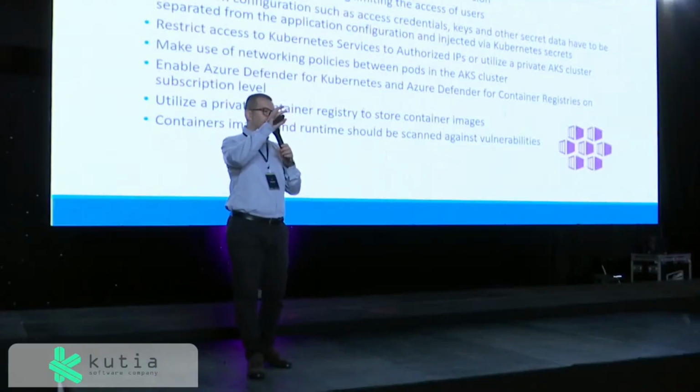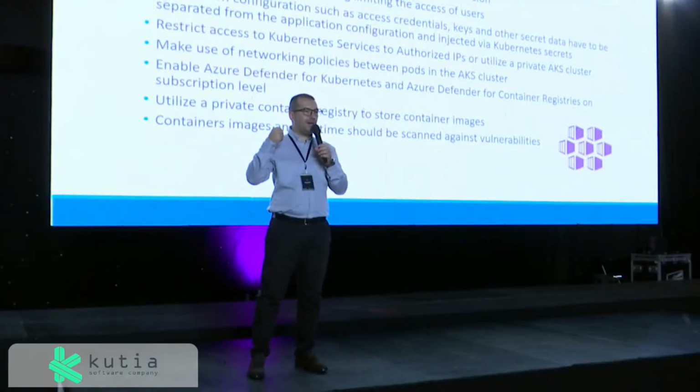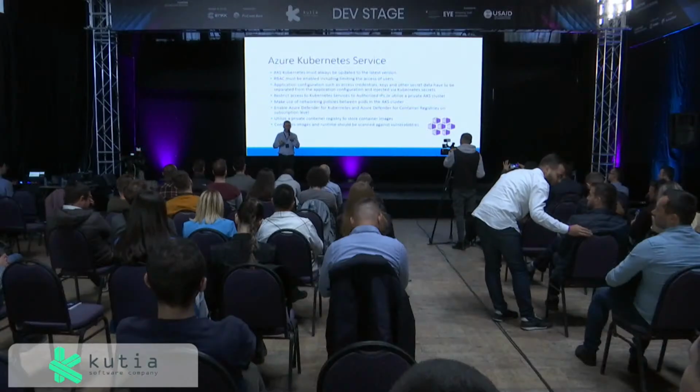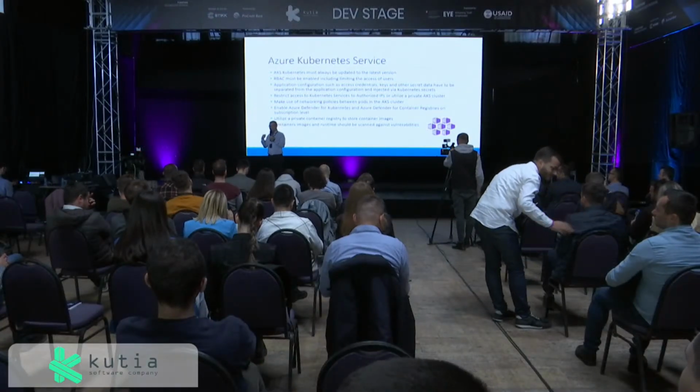Azure Kubernetes Service is managed by Microsoft. We don't pay for the master node. It's managed and upgraded by Microsoft. We pay just for the nodes. The nodes are just VMs which Microsoft manages. We can have Windows and Linux nodes, and there we can host our containerized applications.